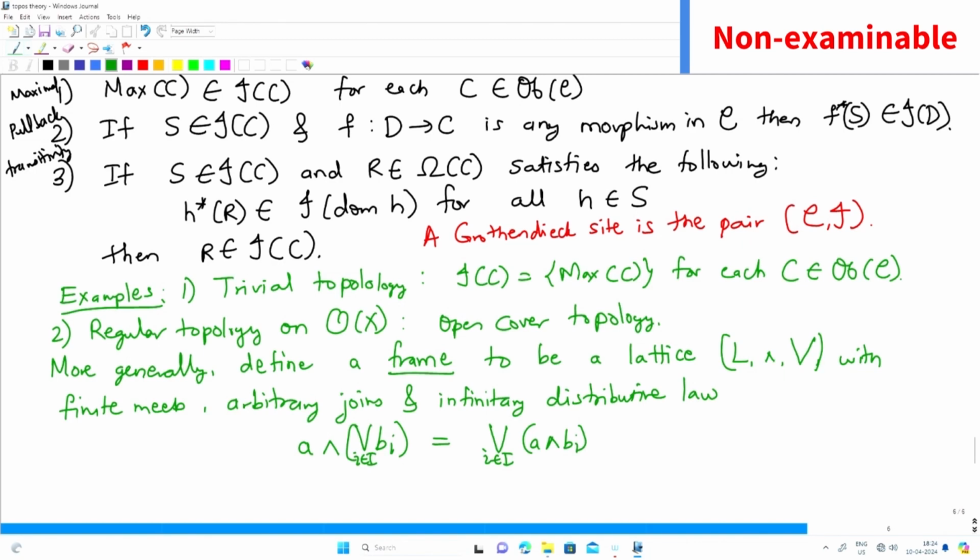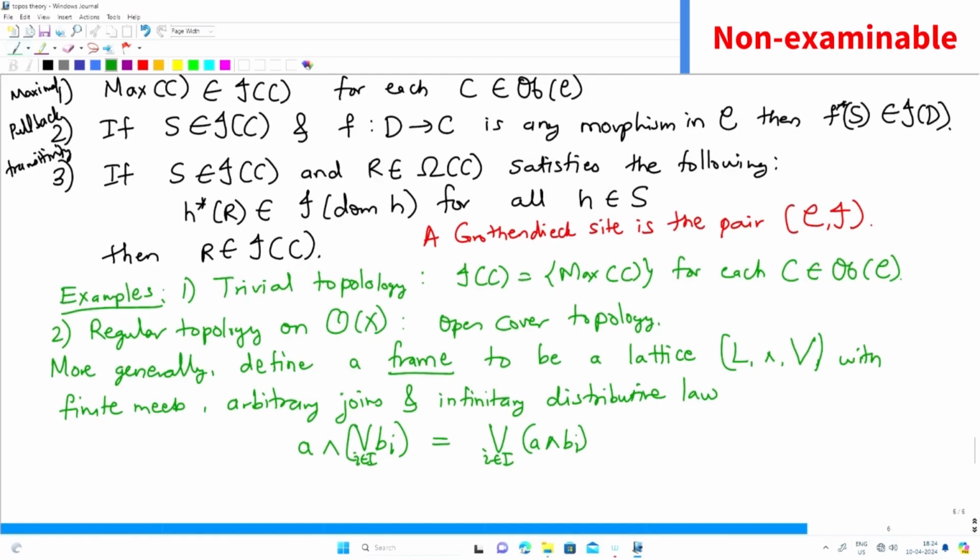Even if I did not write 0 and 1, those are present. It is a bounded lattice thanks to arbitrary unions. So the arbitrary union of nothing is 0, and the arbitrary union of everything is the top element. So those are present. So a frame is a lattice like this.